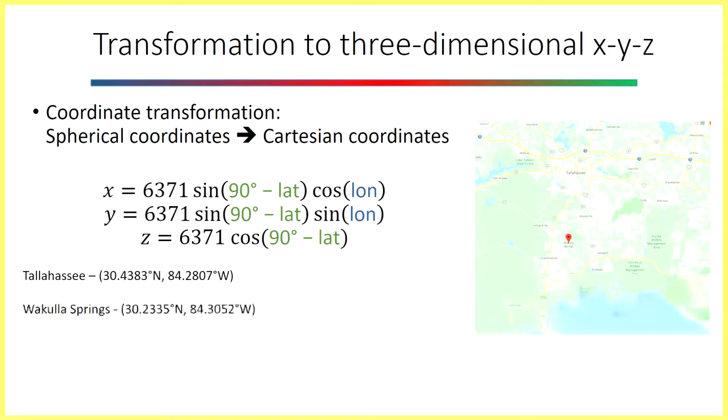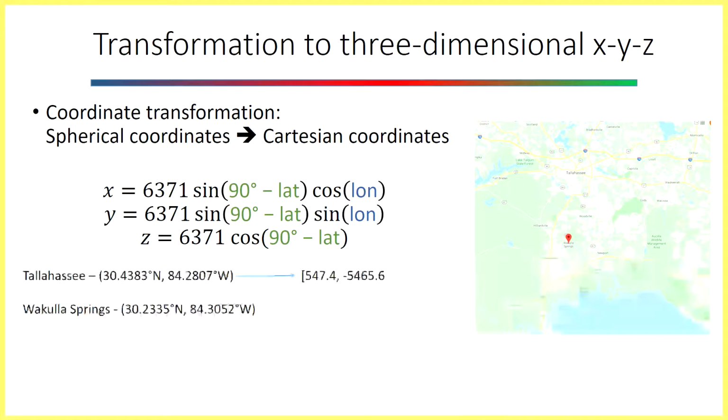X equals 6,371 kilometers times sine of 90 degrees minus 30.4383 degrees north times cosine of negative 84.2807 degrees, which equals 547.4 kilometers. For y, we have y equals 6371 times sine of 90 degrees minus 30.4383 degrees north times sine of negative 84.2807 degrees, which equals negative 5465.6.